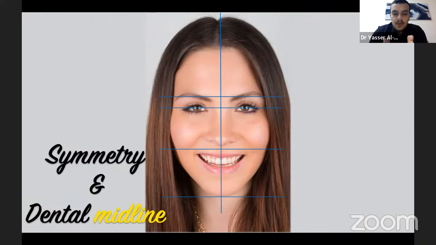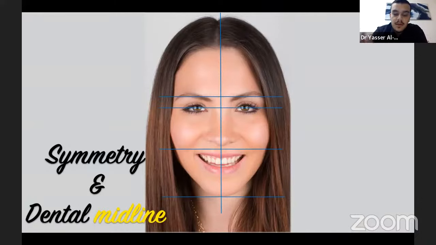First, we will look for the symmetry of the face and the symmetry of the upper, middle, and lower halves of the face. The eyebrow line, the interpupillary line, all these give us an indication for the symmetry and how we make the smile.